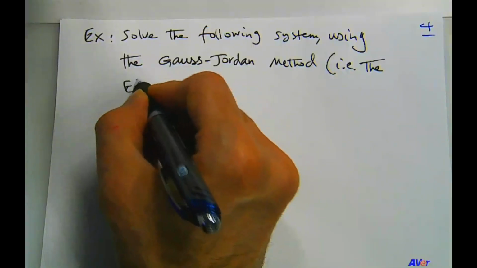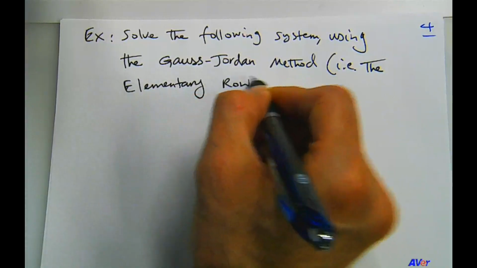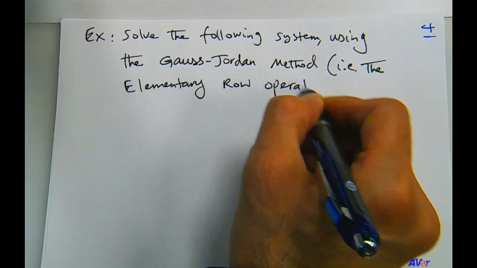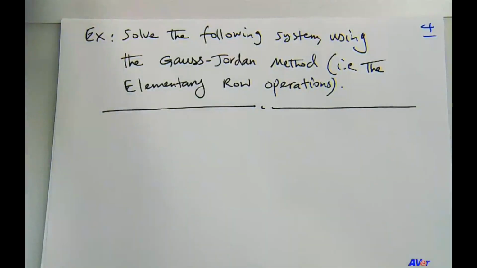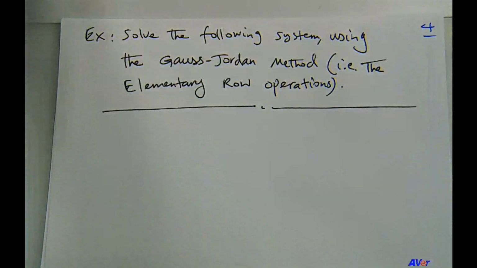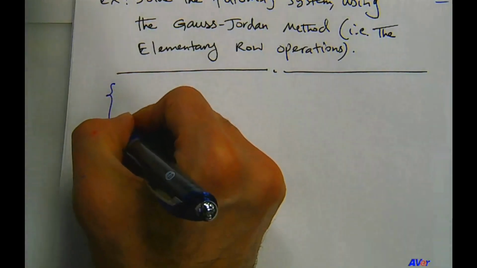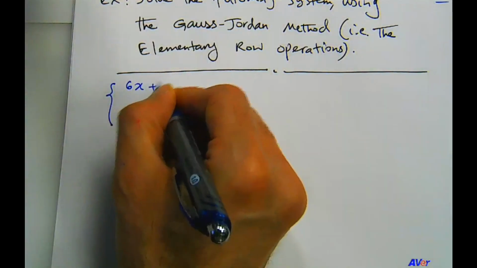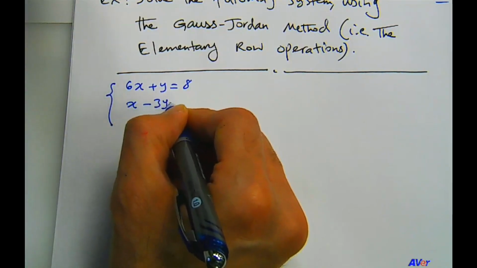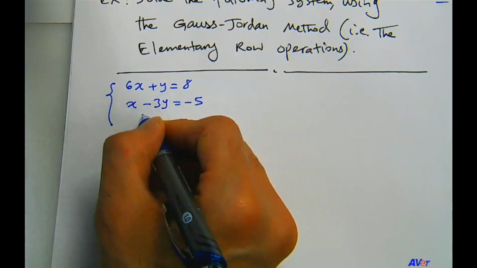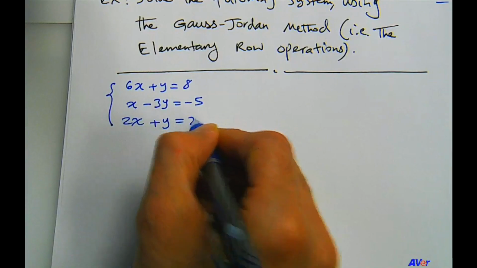The elementary row operations. Okay, so here's that system. We have 6x plus y equals 8, x minus 3y equals minus 5, 2x plus y equals 2.